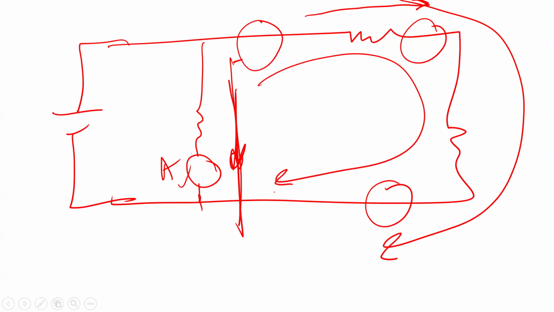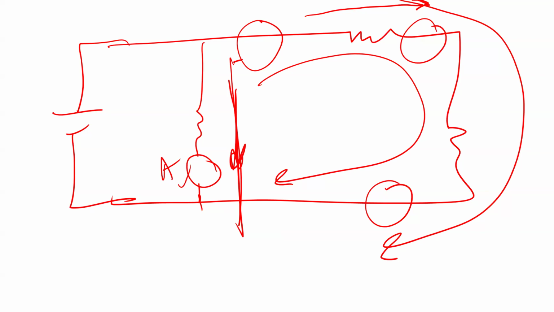What's important is that the current I wanna measure has to flow through the ammeter. Any question? So number one, you need to know how we connect the ammeter and why we use it to measure the current. Number three, what kind of error this ammeter can cause if it has resistance. Okay, any questions?